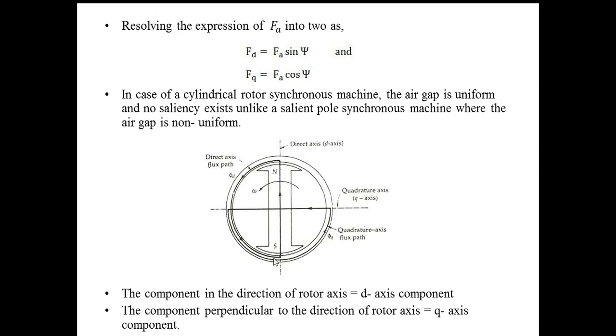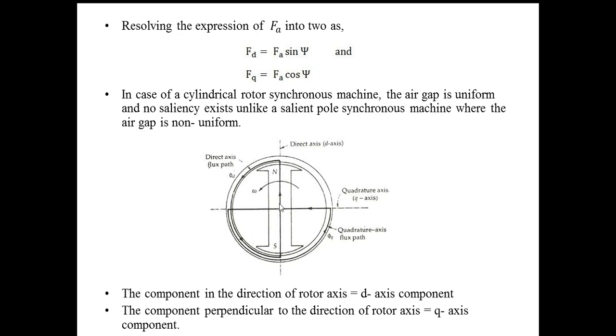So, suppose here, if you can see now, this kind of a machine, there are two kinds of synchronous machines, depending upon the construction of the rotor that is present. In this kind of a machine, since there is a saliency that exists, the air gap is not uniform throughout.